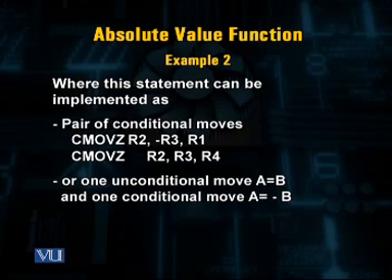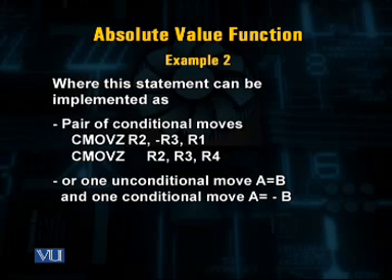This actually means that the value of minus R3 will be moved into the register R2 if the value contained in the predicate register R1 is equal to 0.